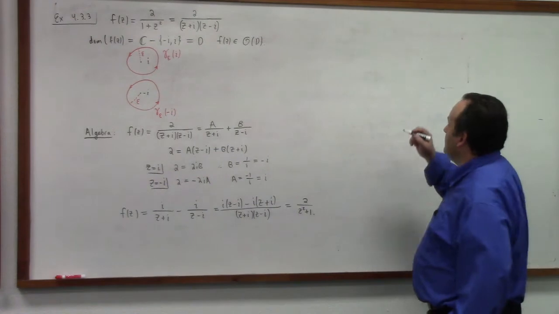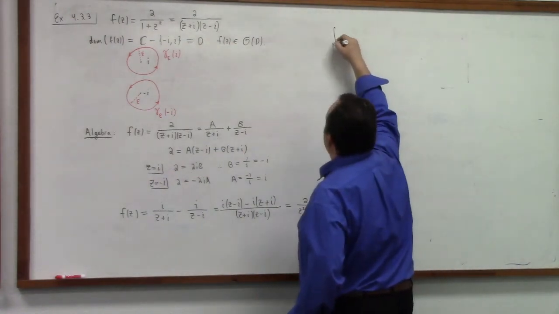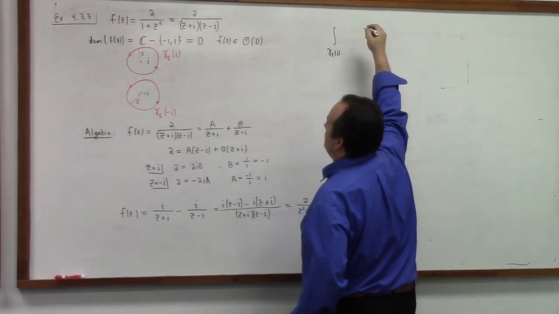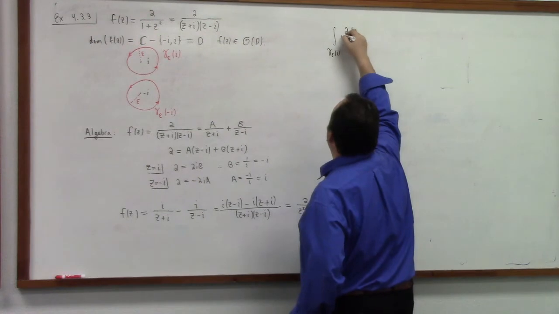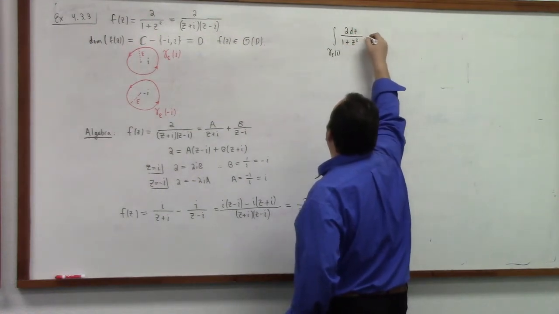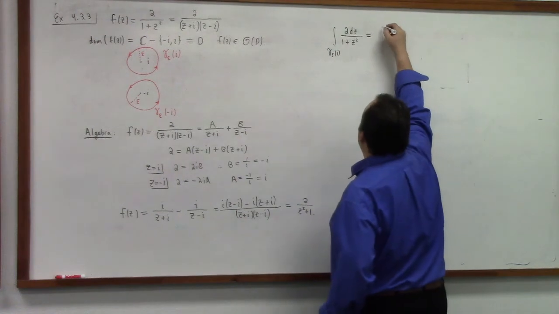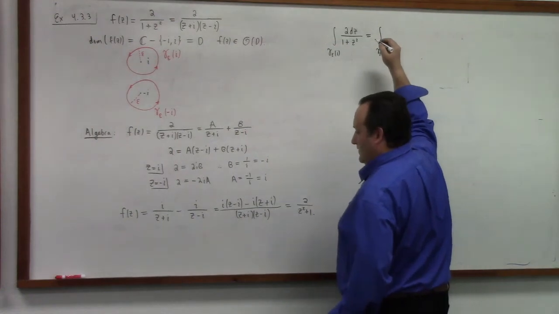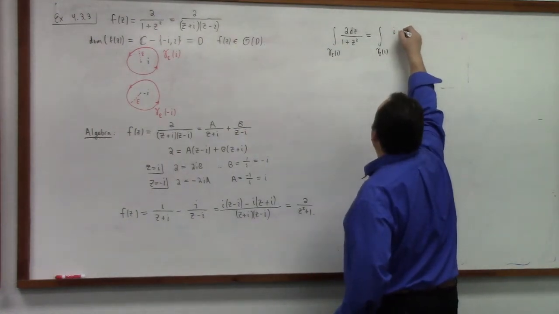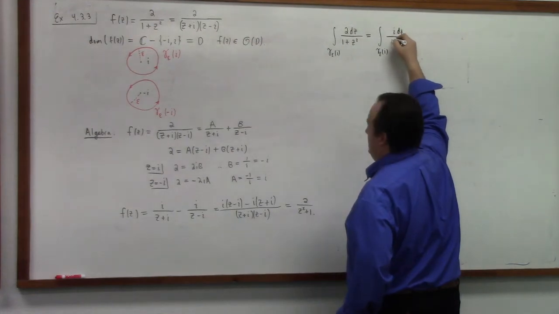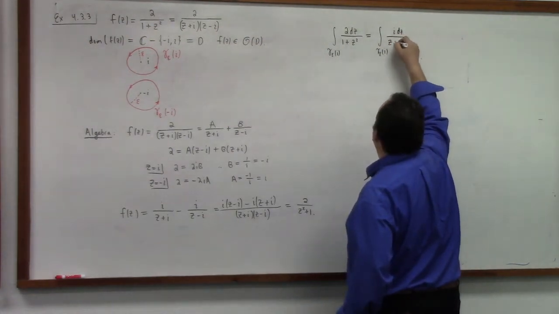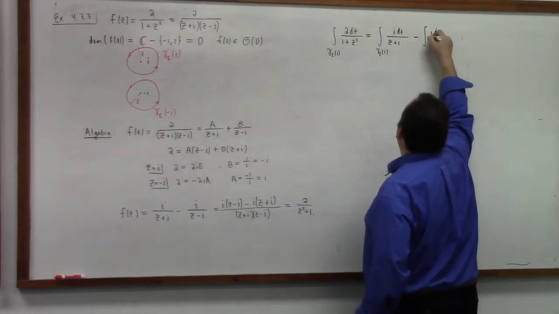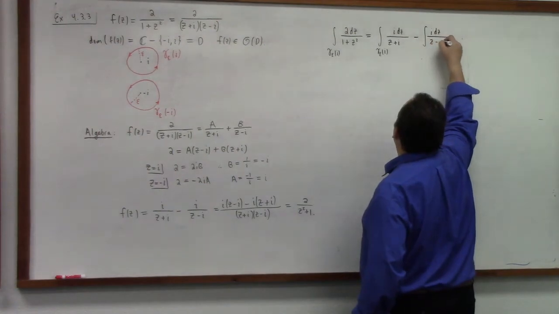Okay, so here's the thing. If we're going to integrate over gamma epsilon of i of, say, 2 dz over 1 plus z squared, well, we can look at this as the integral over gamma epsilon of i of i dz over z plus i, minus the integral of i dz over z minus i, right?